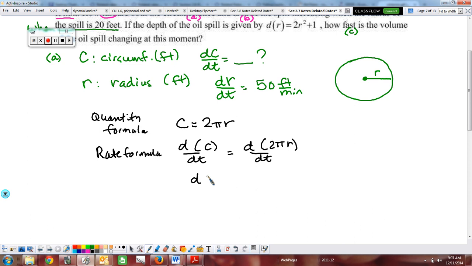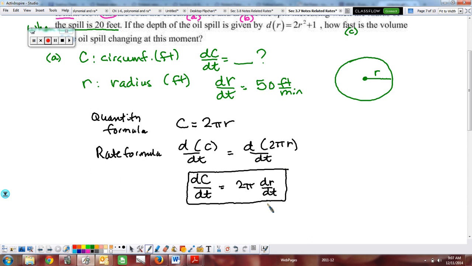So my related rate formula, dC/dt equals, remember this is a constant, so the derivative of a constant times r would simply be 2 pi dr/dt. So here is our formula that relates our rates together.